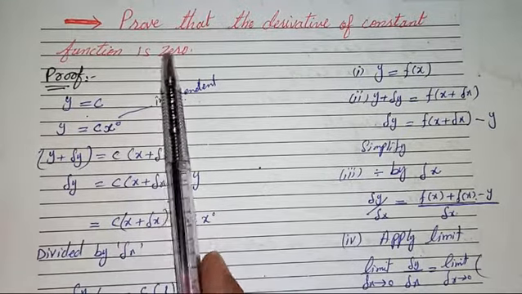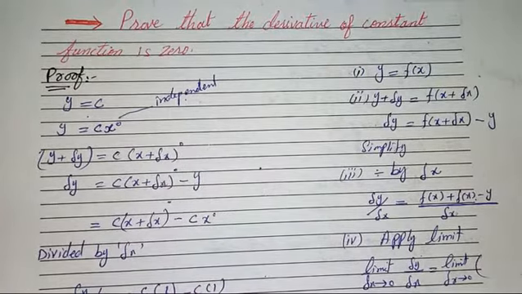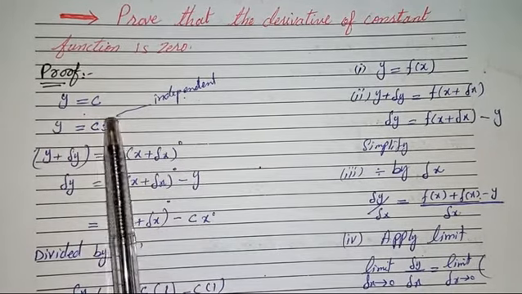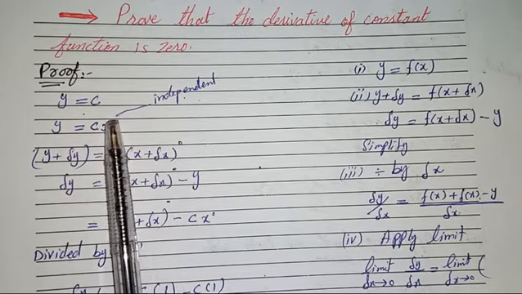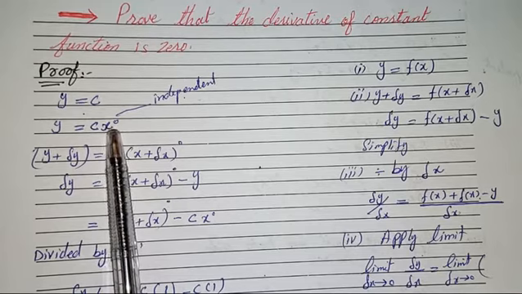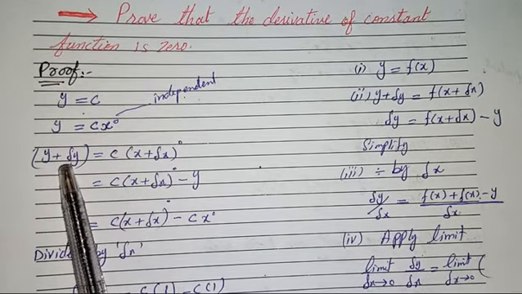Second important thing is to prove that derivative of a constant function is 0. Derivative of any constant: y is equal to c, c is a constant. So y is equal to c x naught. Okay, x to the power 0 is equal to 1. As we know, something to the power 0 is equal to 1. So we have written x here as a variable. So now what's the second step?